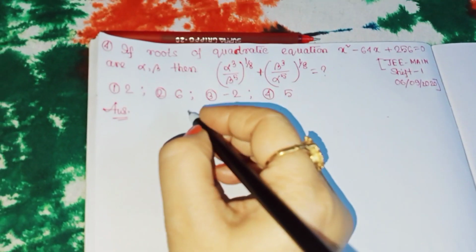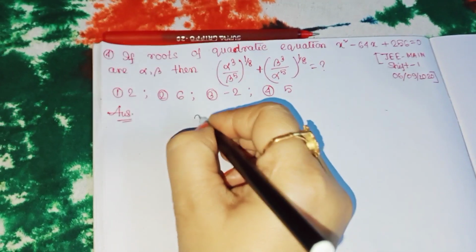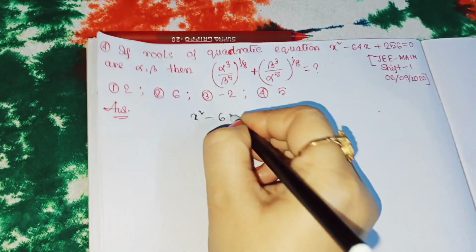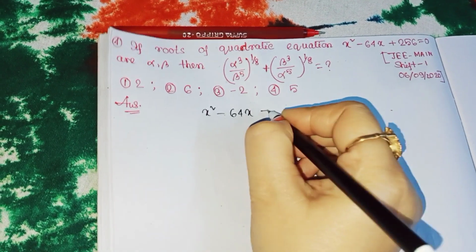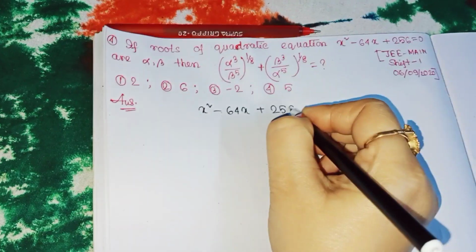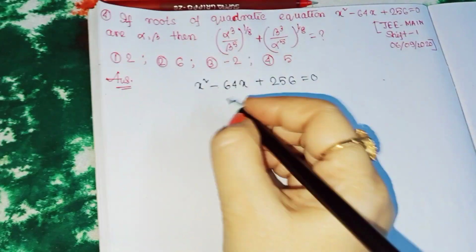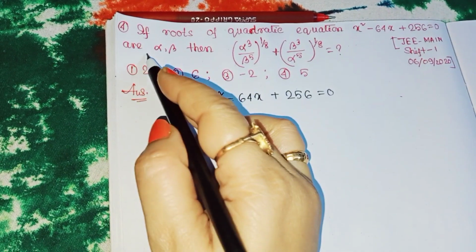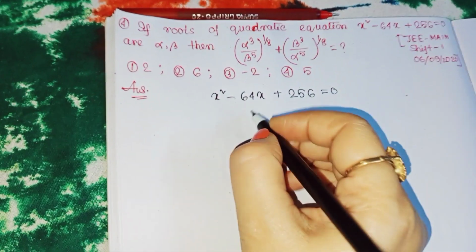At first, our given quadratic equation is x square minus 64x plus 256 equal to 0, and the question gives the roots of this equation as alpha, beta.